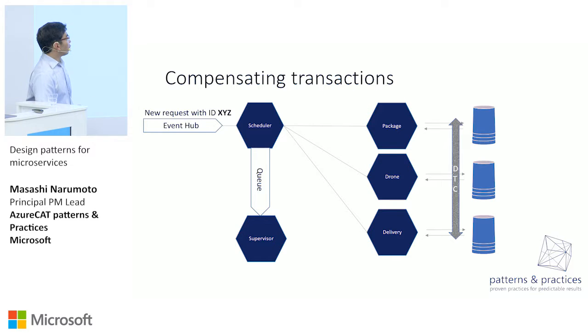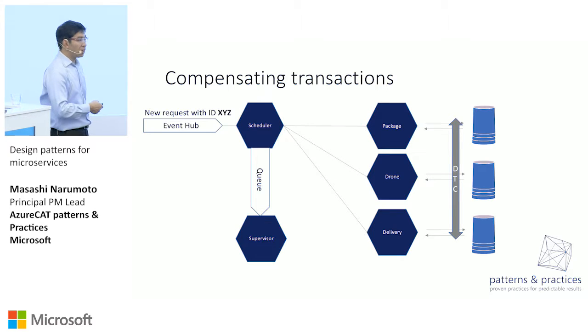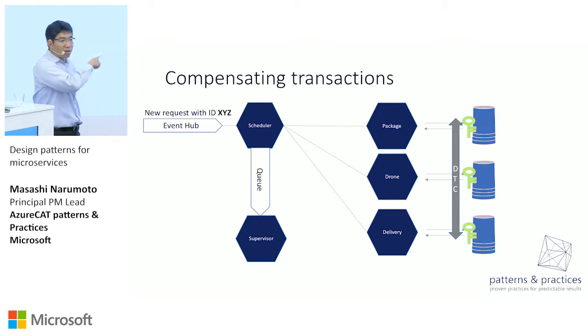We used to be doing these things, like the question coming from that gentleman, using DTC for strong consistency, right? We lock all resources until everything succeeds or fails. So if something bad happens, we roll back all databases. So there's an all or nothing transaction, and it's very strong, consistent, and safe.